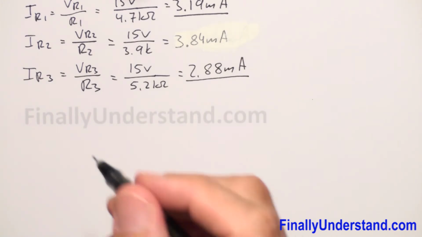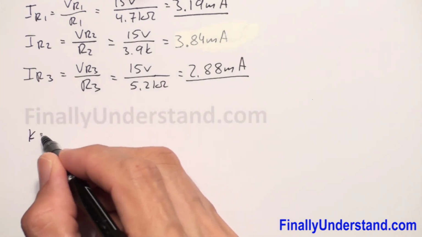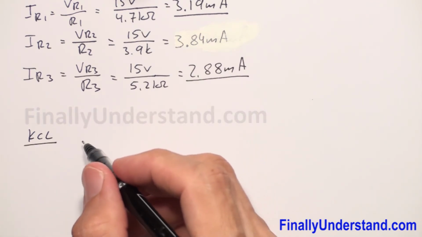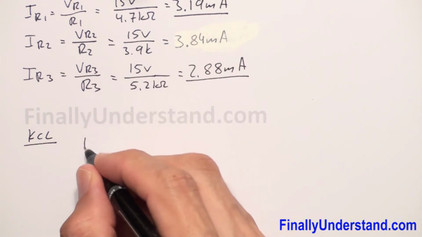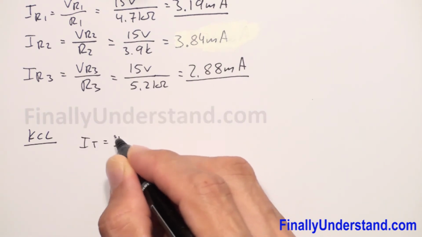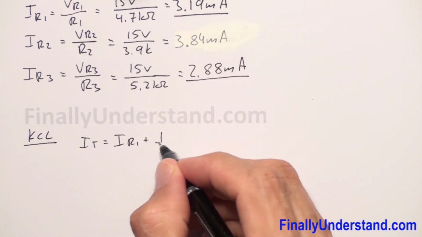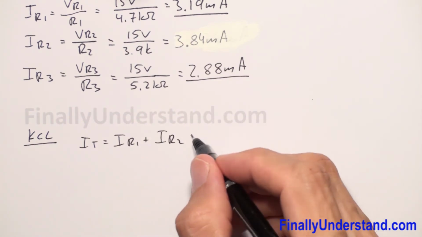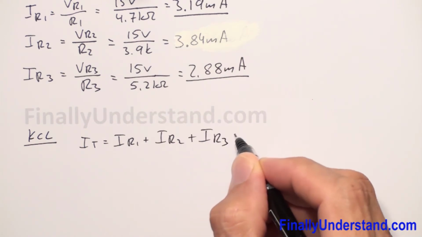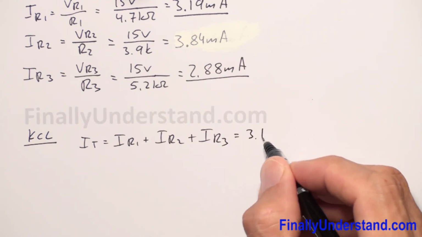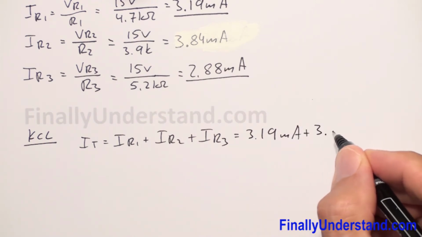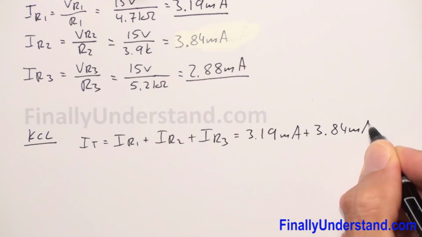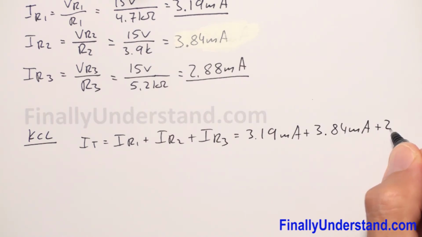Okay, in order to find I total, I'm going to use KCL. KCL says that the total current is equal to the sum of all currents in the circuit. Okay, so we have I total is equal IR1 plus IR2 plus IR3, which is equal 3.19 milliamps plus 3.84 milliamps plus 2.88 milliamps.